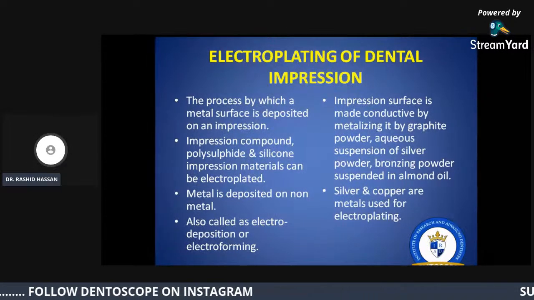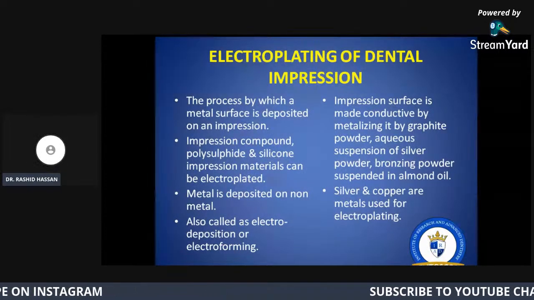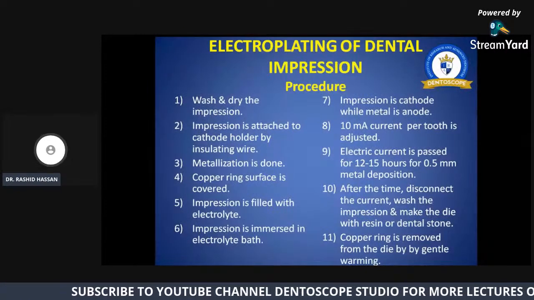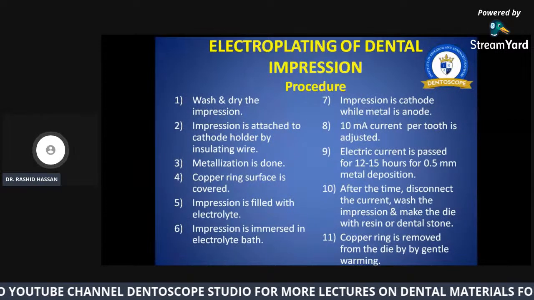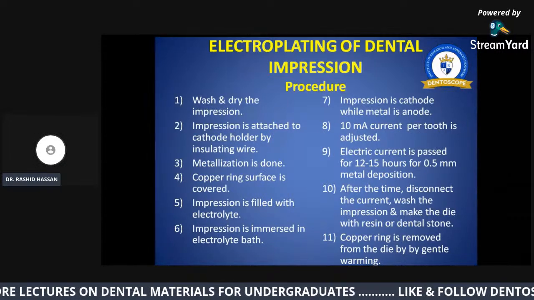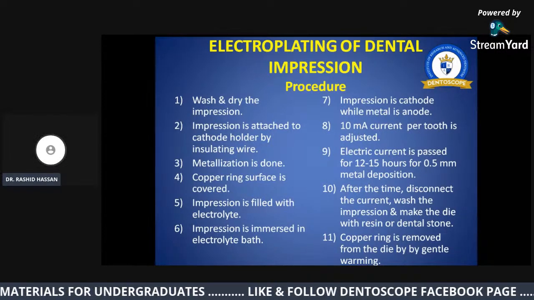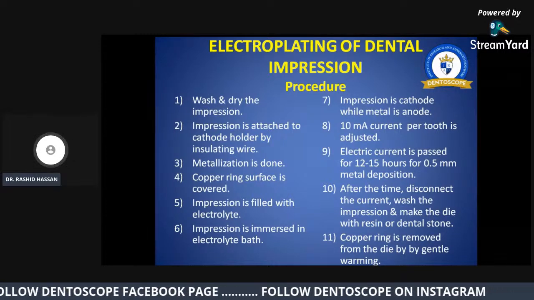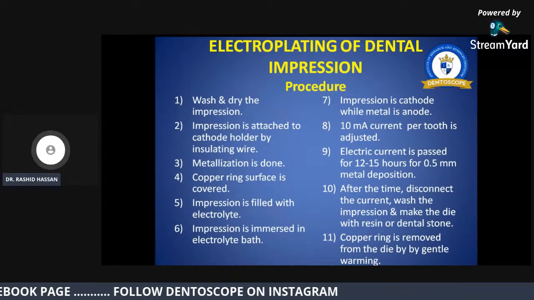Most commonly, silver and copper are the metals used for the electroplating procedure. I've collected all these steps and used some easy words so you can easily understand them and reproduce them in your exam if the question is asked.